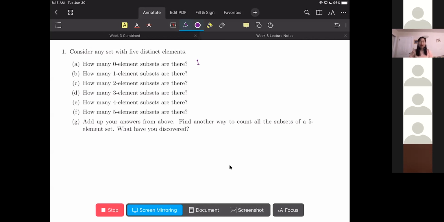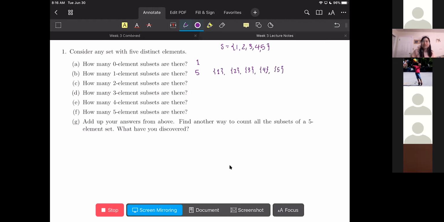All right, what about B? How many 1 element subsets are there? 5. Yep, 5. So we have 5 elements, and each of them could be in this 1 element subset. So we can imagine, let's say S equals 1, 2, 3, 4, 5. Then these 5 subsets are {1}, {2}, {3}, {4}, {5}, right?